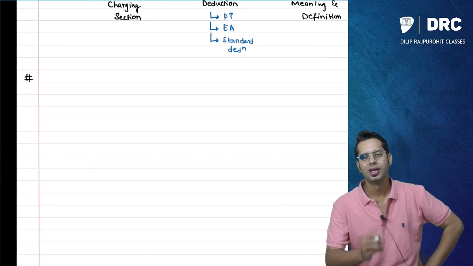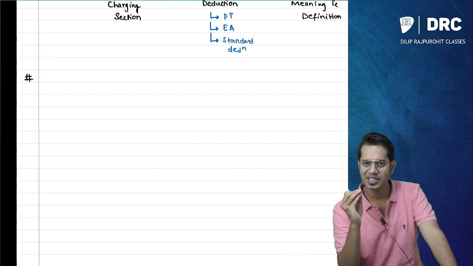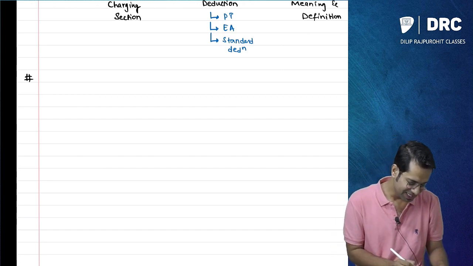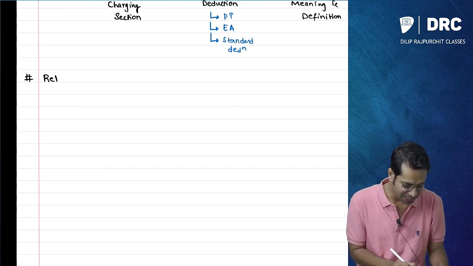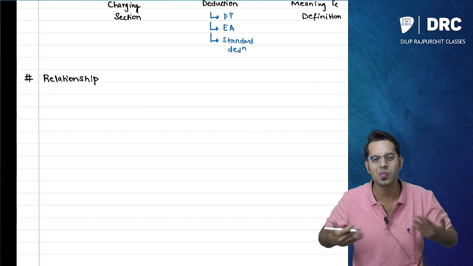Now, this chapter is so beautiful that the first thing which this chapter tells you to see is relationship. You should check whether there is a relationship. They are not talking about your personal relationship.